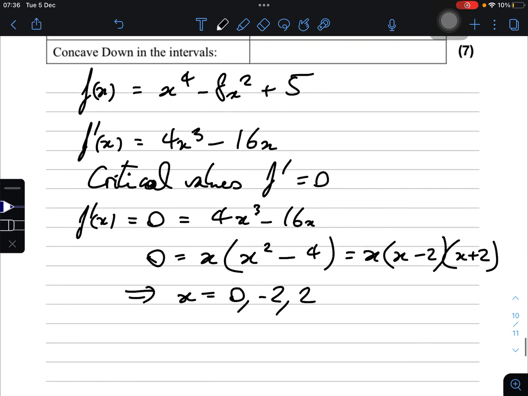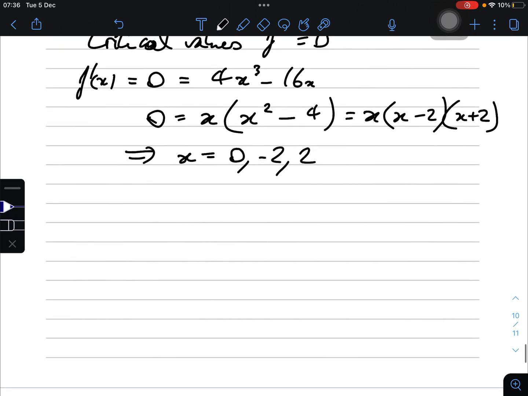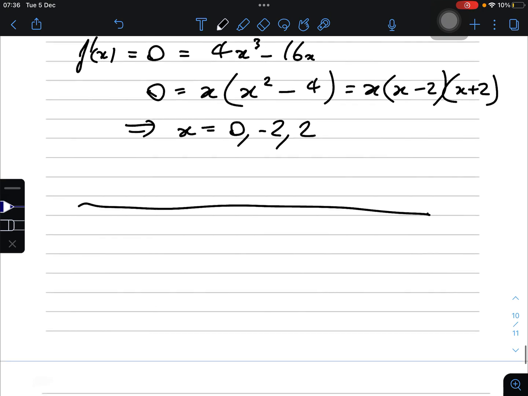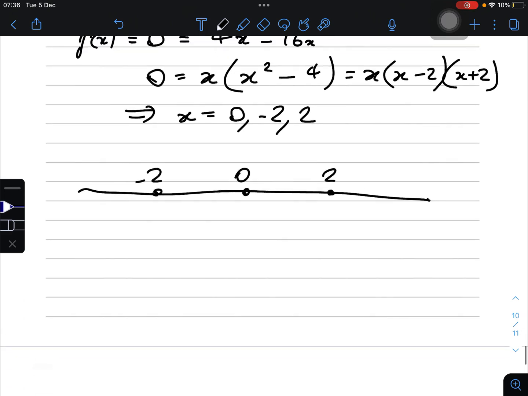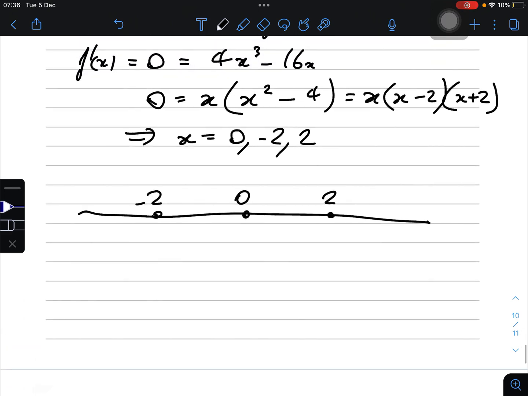Probably should have done minus 2, 0 and 2. Okay, so let's draw our line here. We've got 0 and minus 2. Let's think about our bits in between. Let's try 1.